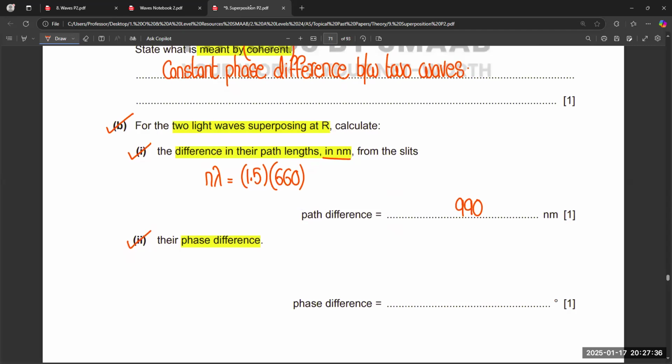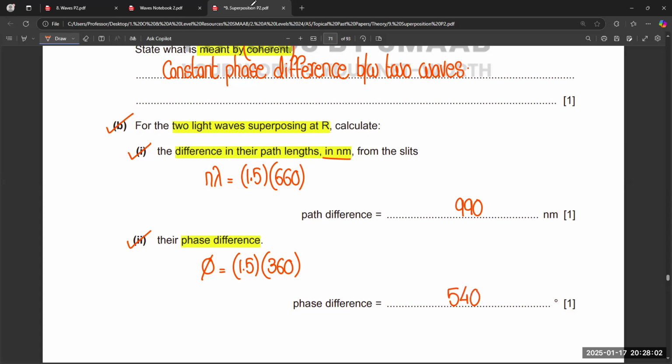So simply it means 1.5 multiplied by 360, which equals 540 degrees.